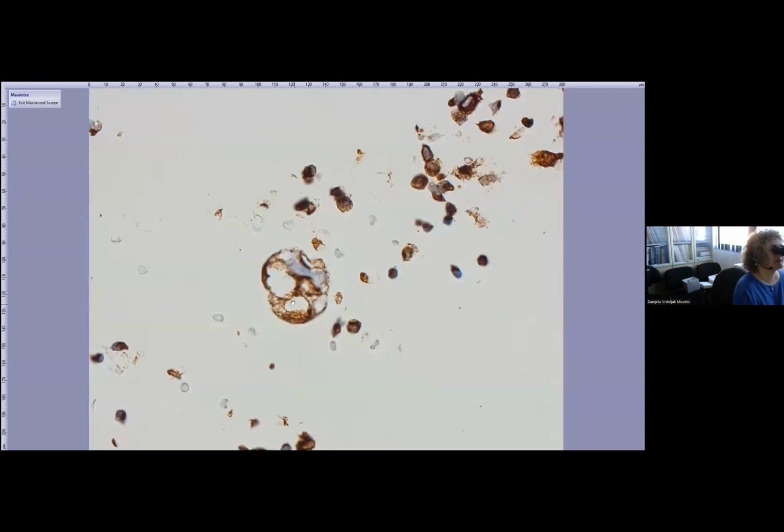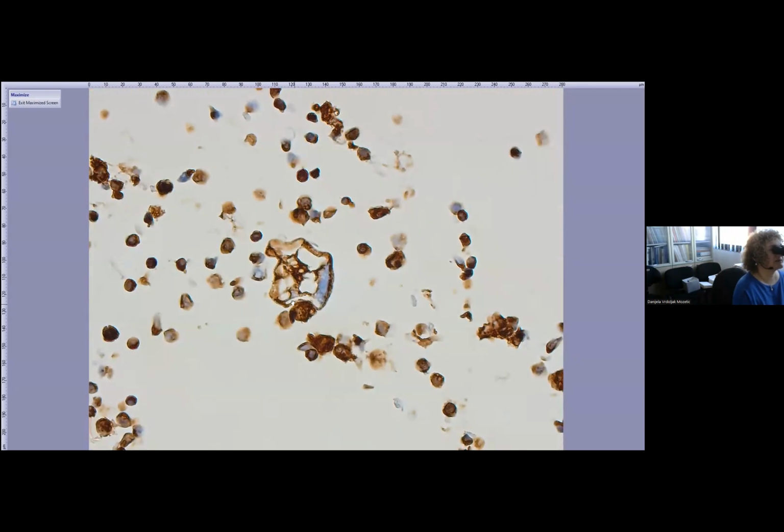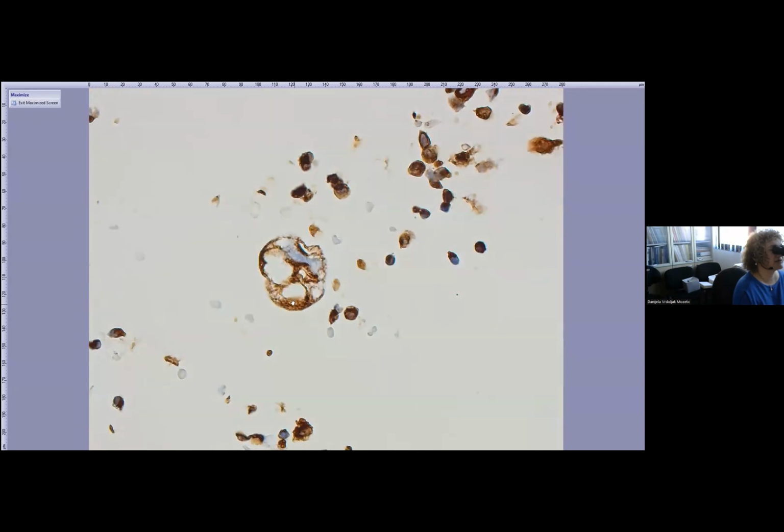Okay, so here another one, and here these are our cells. So our conclusion was that this is a high-grade serous cancer originating from endometrium. So if you agree with me, that's the answer for questions at the end of my talk.